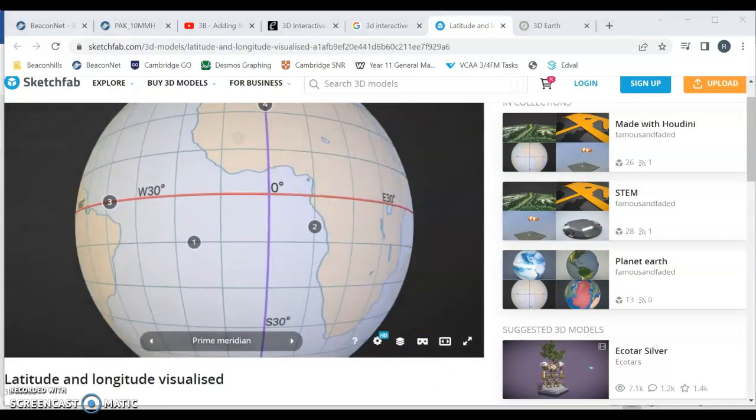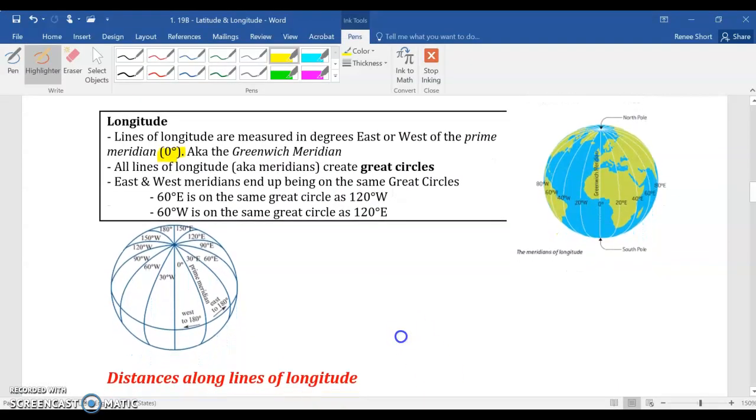From this prime meridian, which is this line labelled on here, this way gives me degrees east, and this way gives me degrees west. Again, up here is degrees east, and out this way is degrees west.